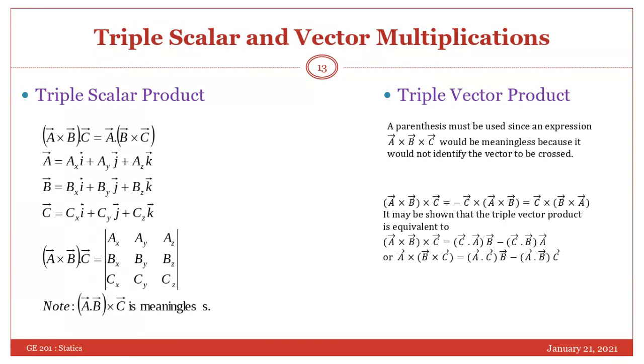Just first take the dot of first and last, vector A dot vector C, and then keep the remaining one, multiplied by vector B, because this is a scalar quantity, so it will increase or decrease the magnitude of vector B. Then second, multiply first and second, vector A dot vector B, and keep the third remaining, which is also a scalar quantity and will increase or decrease the magnitude of vector C. So first and last, then the remaining one, minus first and second, then the remaining. Okay.